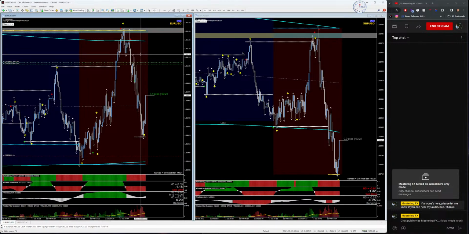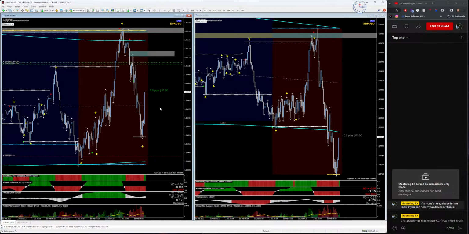We also have a little bit left over fair value gap here. So this was the original fair value gap, and this is left over fair value gap. And here we did fill this one.